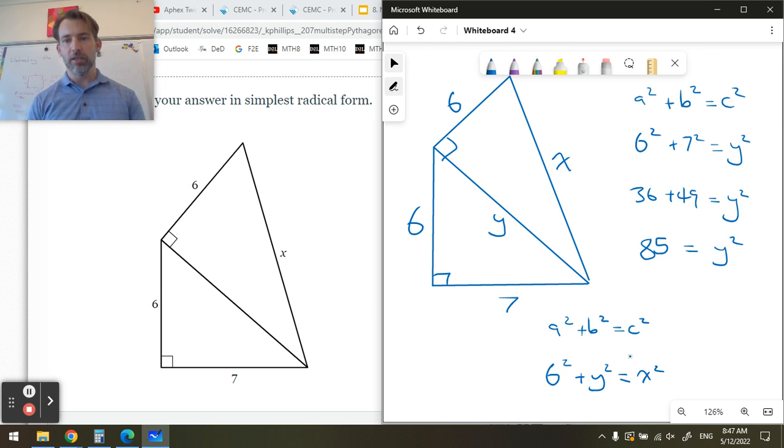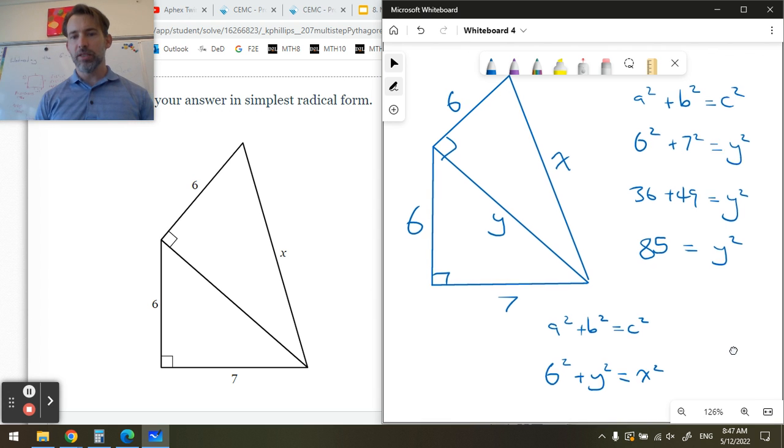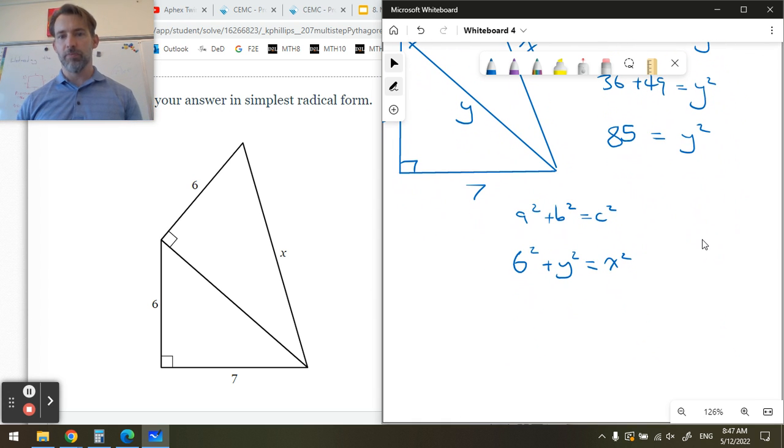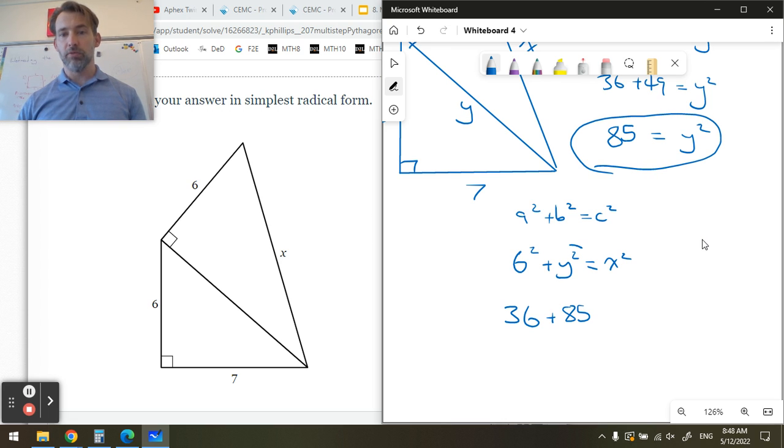Now let's substitute in the things we know. We know that 6 squared is 36. We know that y squared is 85. Notice I'm not squaring 85 because 85 is y squared. So I put that in for y squared, and that's going to equal x squared.